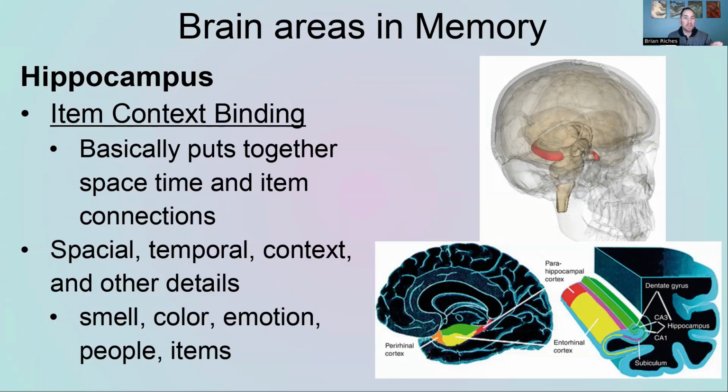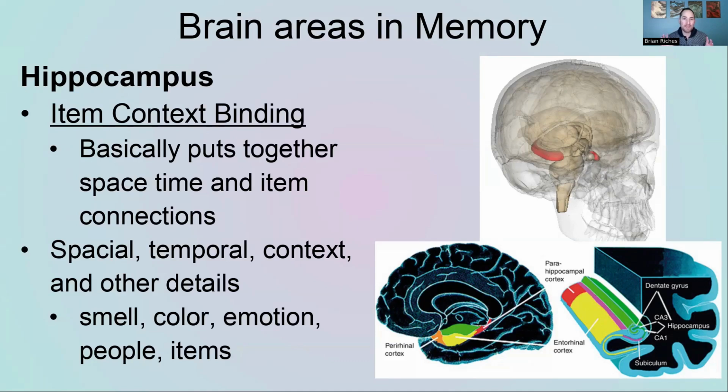I have emotions connected to finishing my PhD, and those items are bound and connected to finishing that PhD, the kinds of feelings that I was having, how I had my desk set up. It was actually in a different location than I am right now when I finished my PhD. And all of those, the spatial, temporal, setting, items that were there, those are all connected.